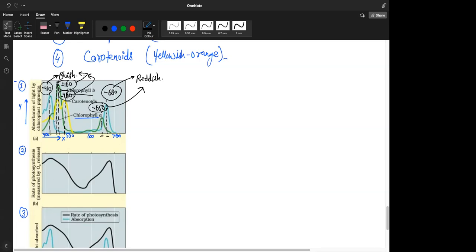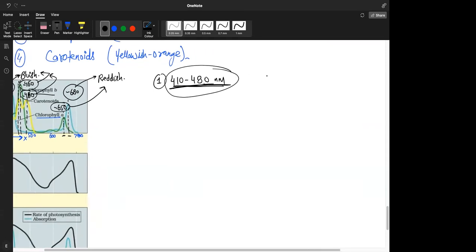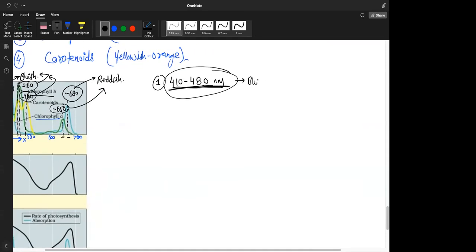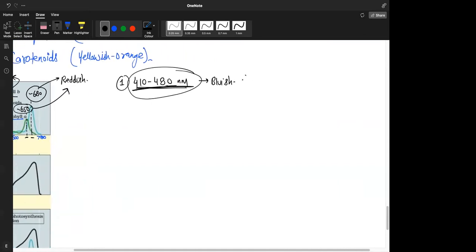So if the question comes, photosynthetic pigments absorb the most energy in which two wavelength ranges? So first is 410 to 480 nanometer. This is the range. And which is this range? This is the bluish range, right? Bluish greenish range. Yes or no? Yes, sir. So this information we got from this graph.